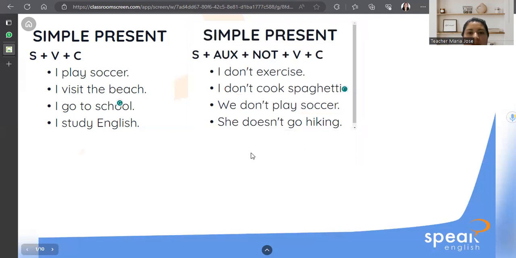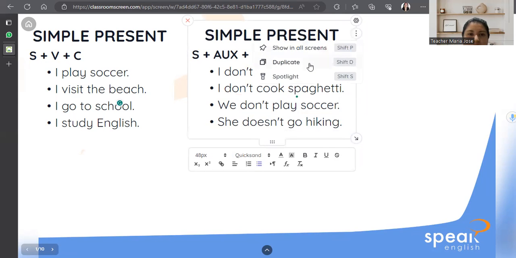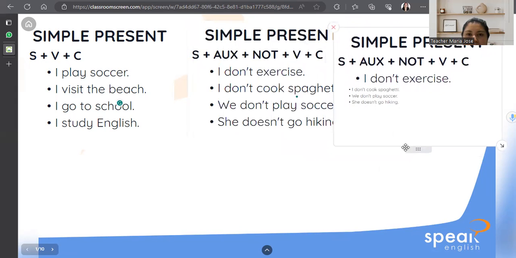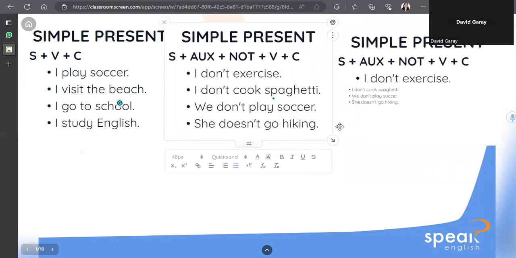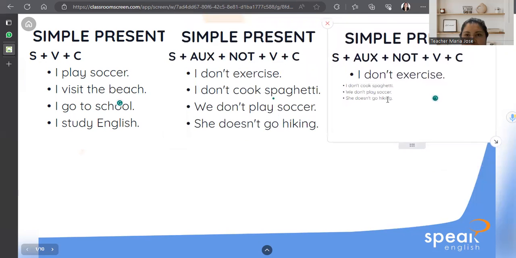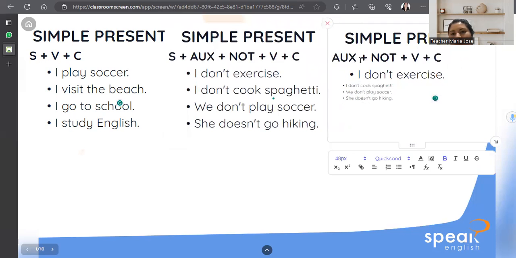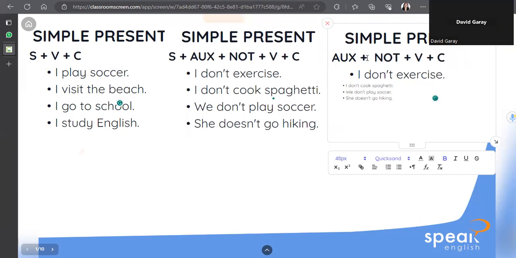Next. All right, so now that we have the information ready, we can continue with the questions. So what is the structure that we follow for the questions? David? Auxiliary plus subject plus verb plus complement plus question mark.